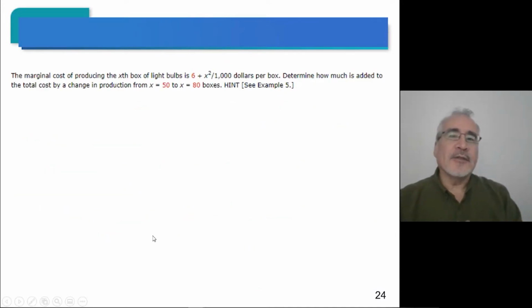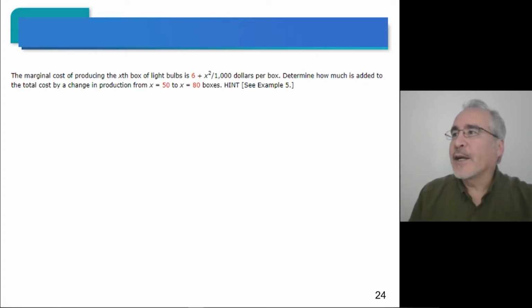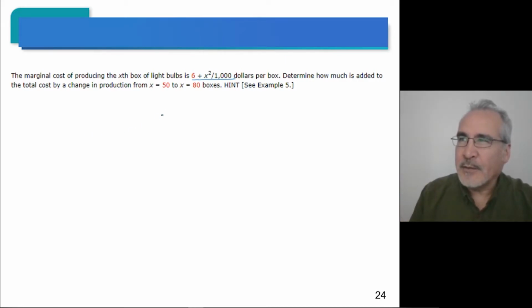Now, the good news is we've gotten to the place where this one we can actually use because we've got a polynomial function, not a logarithm. It's going to integrate. If we could see here, this is going to be 6x. This is going to be x to the third.